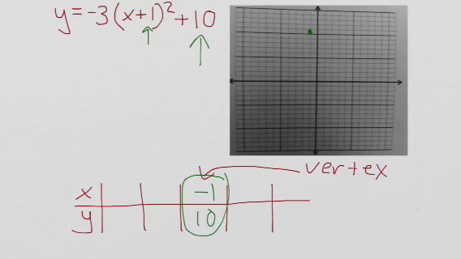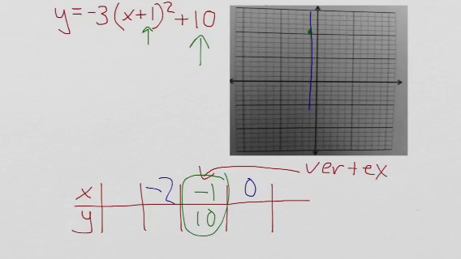Now I need some numbers on either side. Well, the thing with parabola is it's cut in half. So there's really a vertical line that gets drawn right here, and either side is going to be a mirror image of the other. So I can use 0 here and -2 here, and they're actually going to give me the same value, so I only have to do it once.